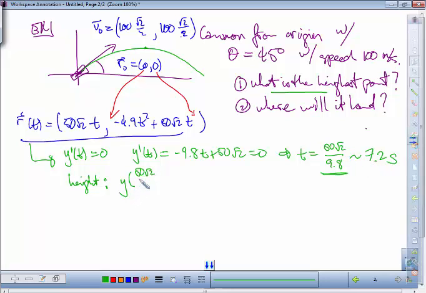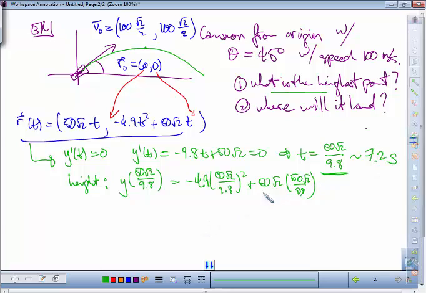So I guess if you want to be precise, you can put this whole fraction in. Maybe I don't want to be precise. Negative 4.9 times 50 root 2 over 9.8 squared plus 50 root 2 times 50 root 2 over 9.8.